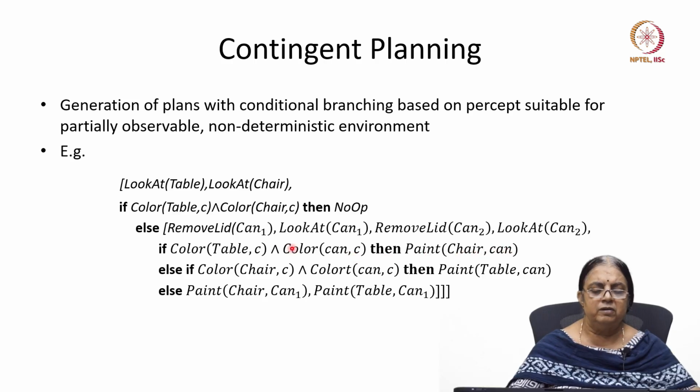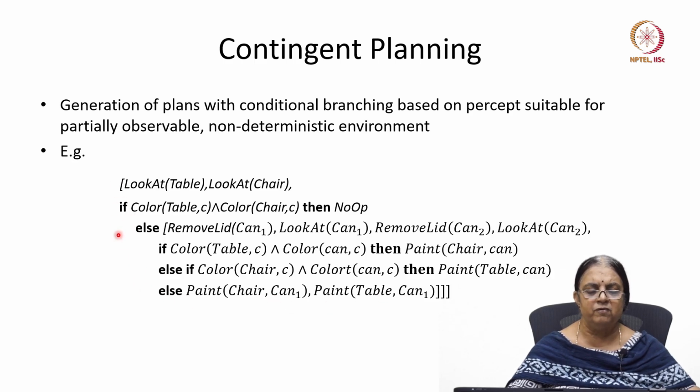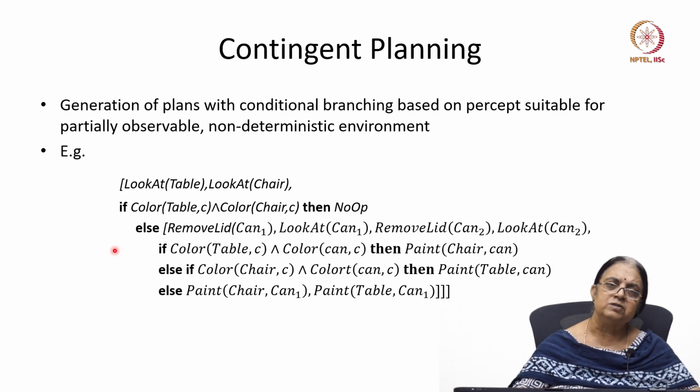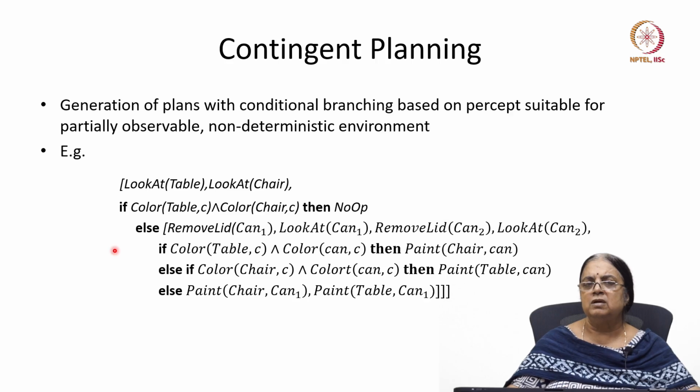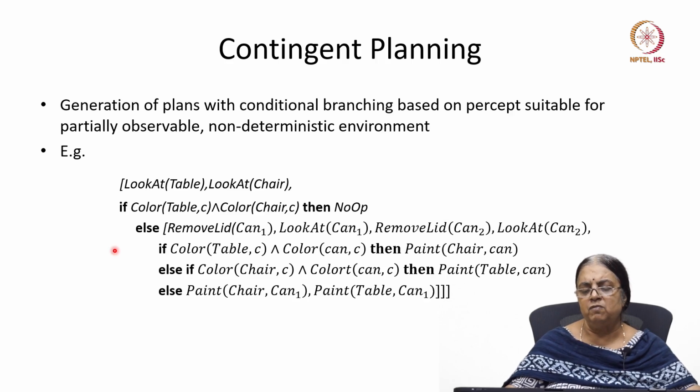Otherwise, if the color of the chair and the can is the same, then you paint the table. Otherwise, you take can 1 and you paint both the table and the chair. So this is just an example of how you can have contingent planning taking place. This actually happens at the time of the plan. So it will form a plan saying if this is the case then you do this, if this is the case then you do this, etc.